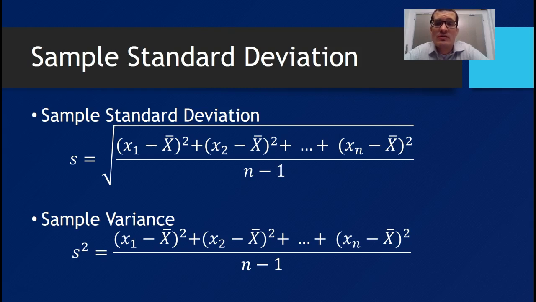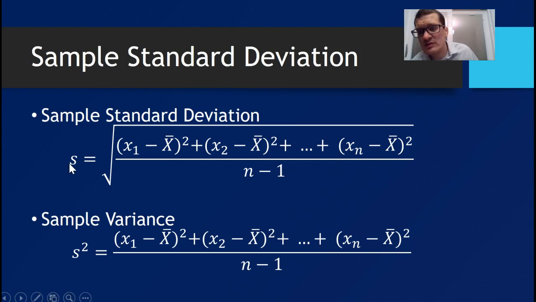It turns out when my set is a sample, I have to take the square root of all those things added together, but I have to divide by n minus 1 underneath the square root. So instead of dividing by the size of my set, I'm going to divide by 1 less than the size of my set. And the same thing is true for sample variance.